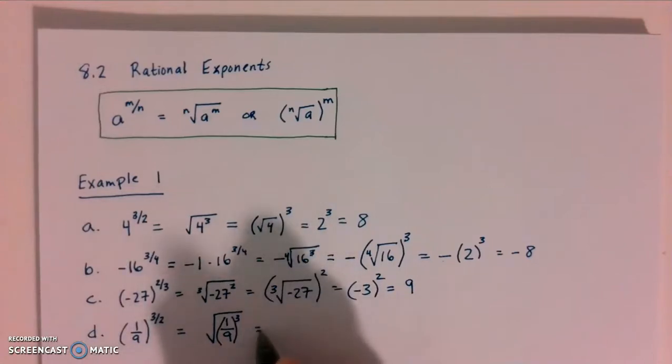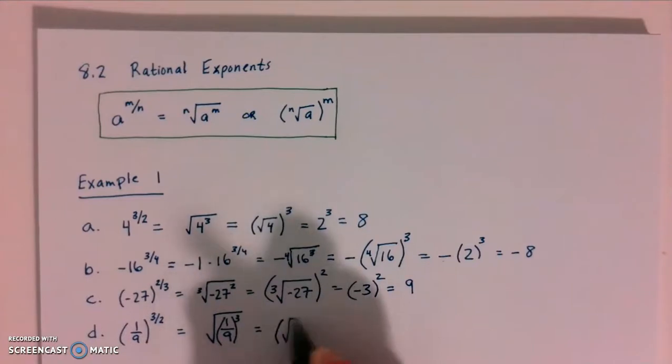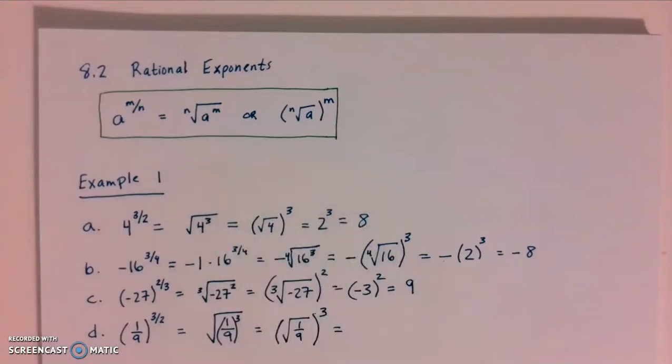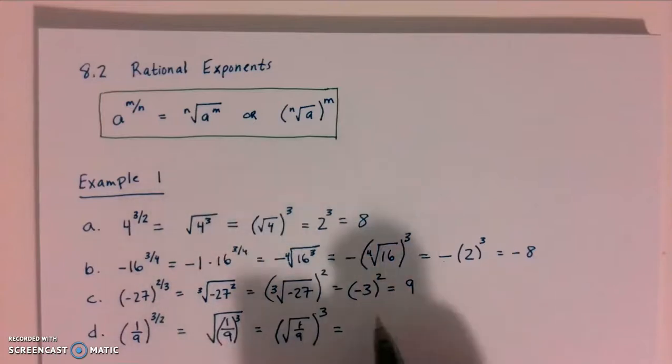So I'm going to go ahead and use this rule again because I want to first figure out what the square root of 1/9 is. And once I have that, then I'll cube it. That's going to be the easiest way to solve this one. So the square root of 1/9, well, I can just take the square root of 1 and the square root of 9. I can do it in pieces. So the square root of the numerator, square root of 1 is 1.